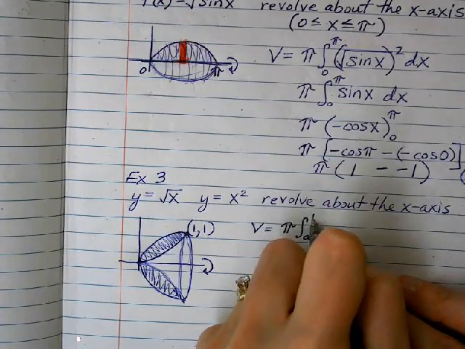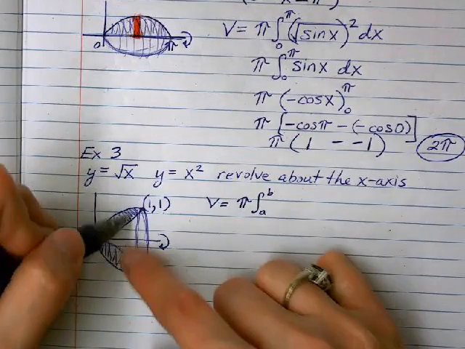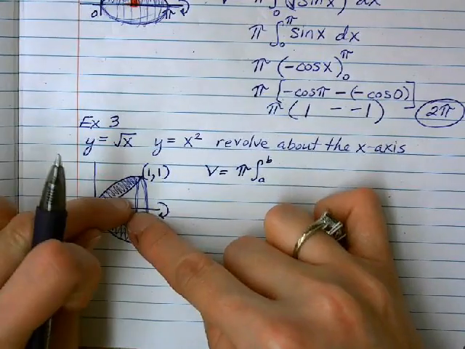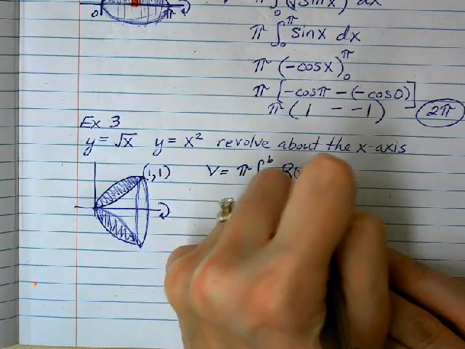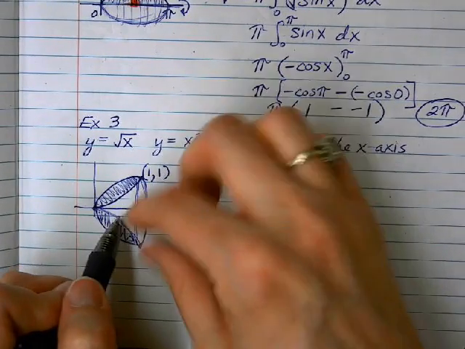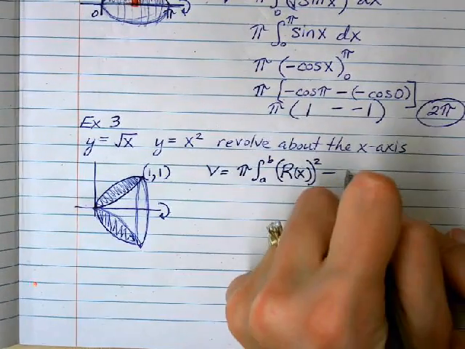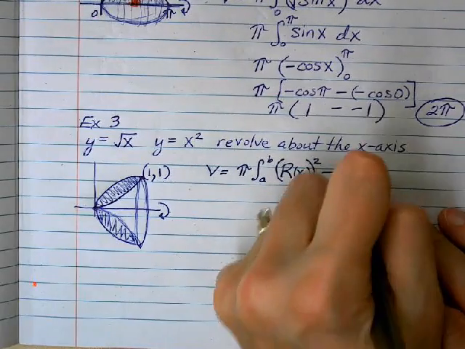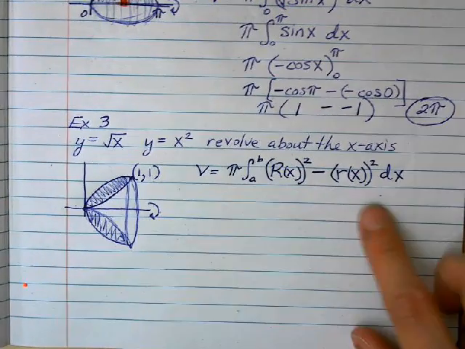If the whole shape was colored in, it would have been easier, like a solid shape, but there's a hole in there. So you need the outer radius, big R squared, and then you subtract and take away the hollow part. You don't want the volume of the inside, the inside's hollow. So you subtract little r, the small inner radius, minus little r of x squared. They call it the washer method. It's the same as the disk method, you just have to remember to take out the hollow part.